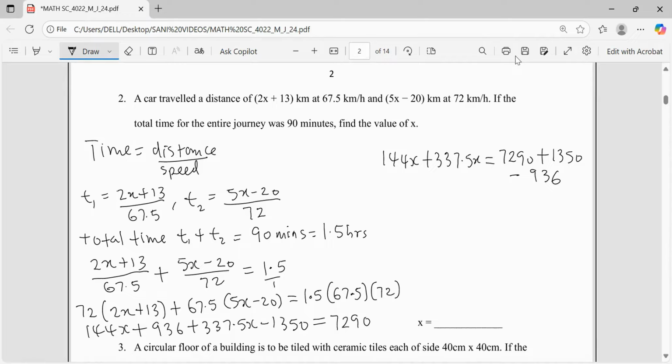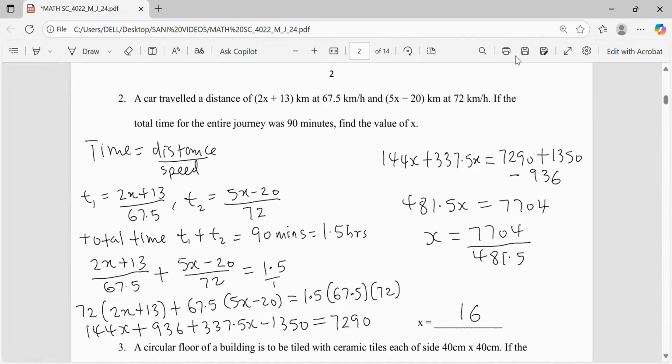Then add them together, you have 481.5x equals 7704. Then divide both sides by 481.5. So the value of x is 16.